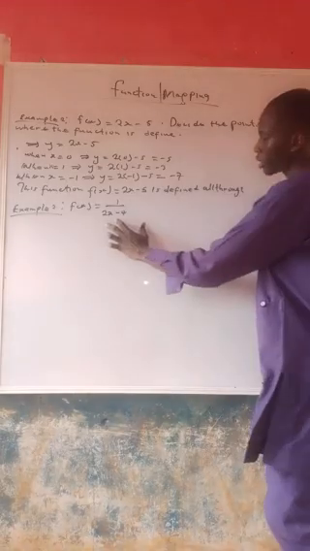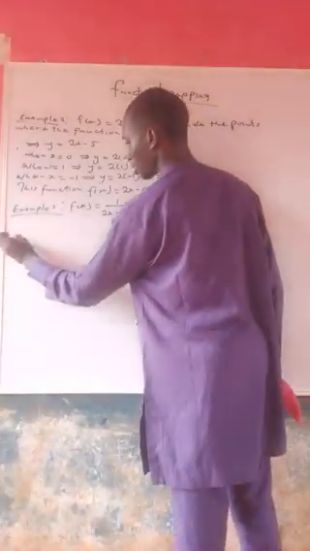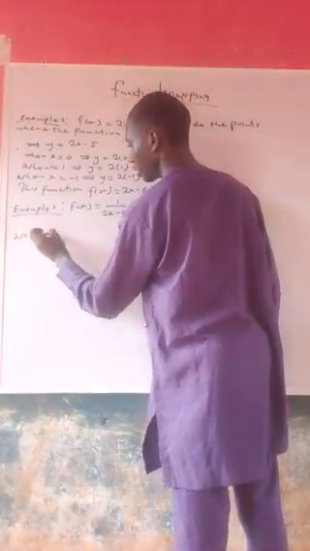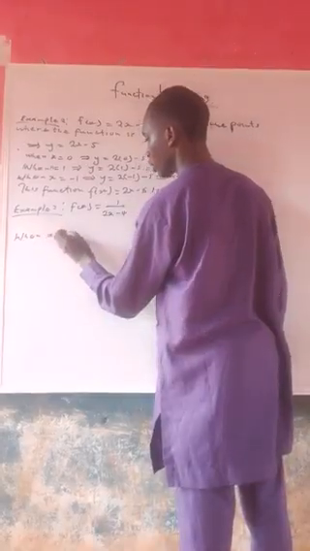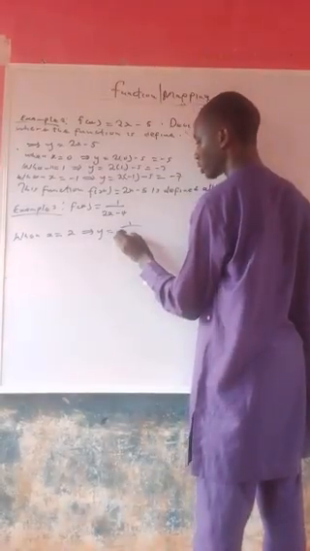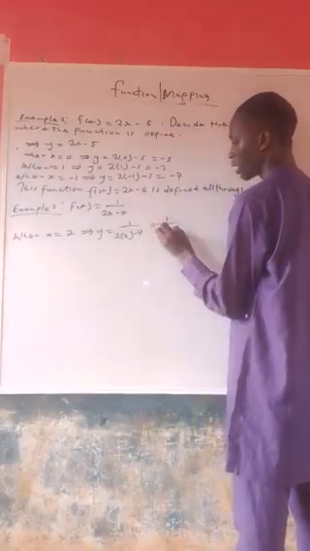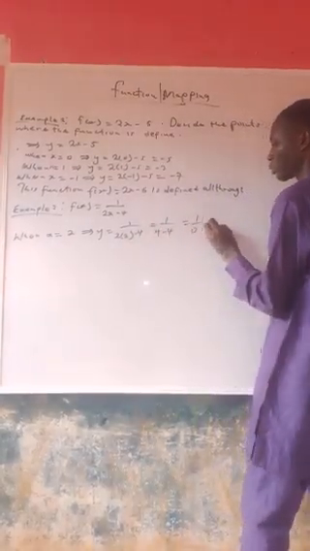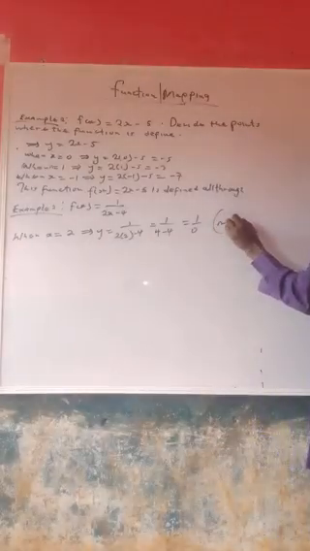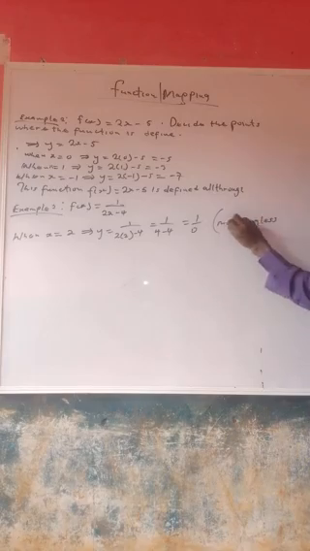Looking at this now, you can see that if I insert x equals 2, this implies that y equals 1 over 2 into bracket 2 minus 4, which equals 1 over 4 minus 4, which equals 1 over 0. And this is meaningless.